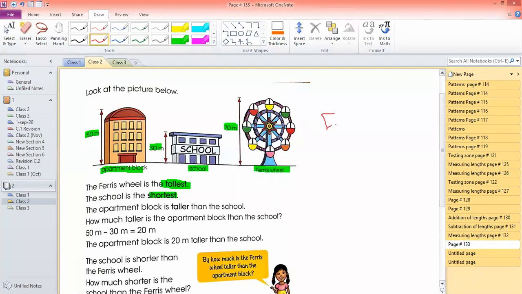You will say the apartment block height is 50 meters. Okay, school height is 30 meters. You know how you can find out? If you do subtraction, you will find out. I need your answers in the chat box, guys. How much taller is the apartment block than the school?